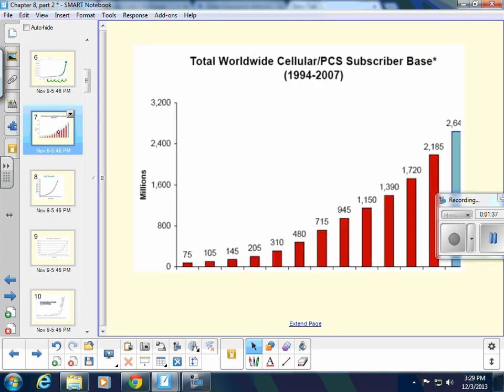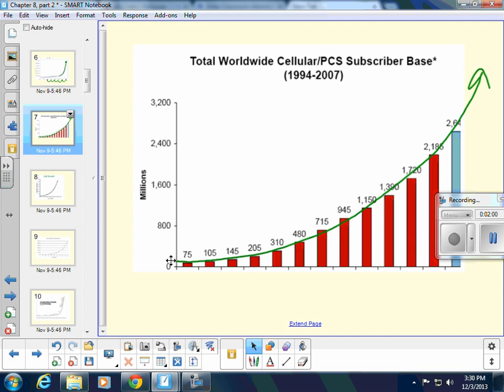Here's a couple other examples of those too, a few I'll talk about in class. Cell phones. Cell phone subscribers. Again, when cell phones first came out, there were not a lot of them. Not a lot of people had a cell phone. But then as they became more and more popular, more people had them, and the popularity increased dramatically, very, very fast.